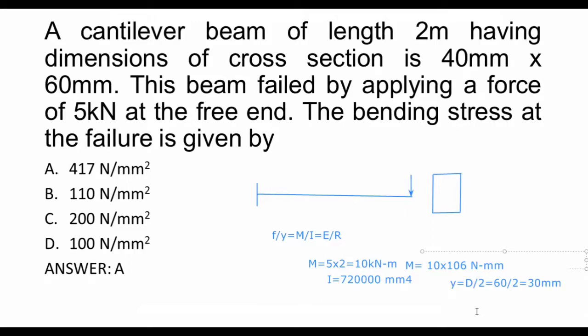So it is 416 Newton per mm square. 416.67. So if you round it off, it will become 417. So option A is correct.